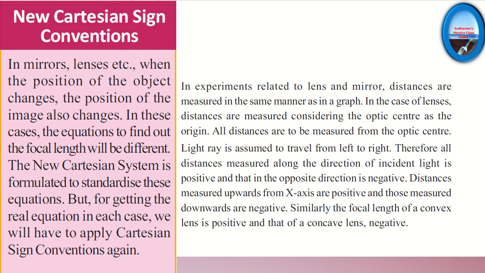All of you are very clear about the sign conventions of mirrors, right? We learned that in reflection. The rules are very similar, but here the phenomenon is refraction of light, so we will have to modify the sign for object distance and image distance accordingly.